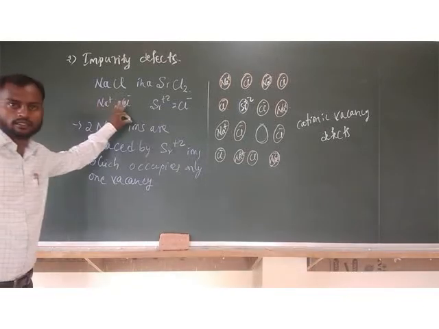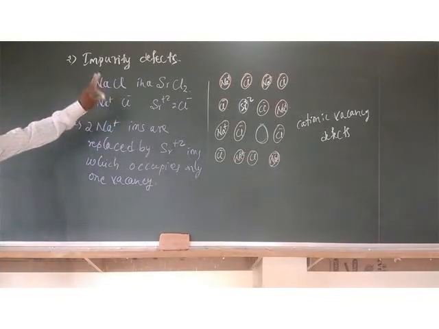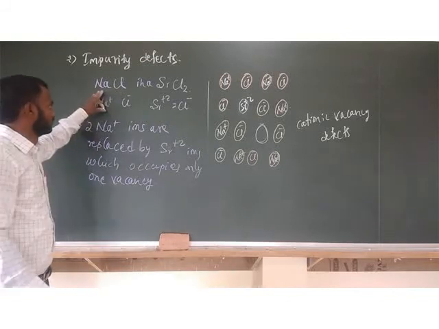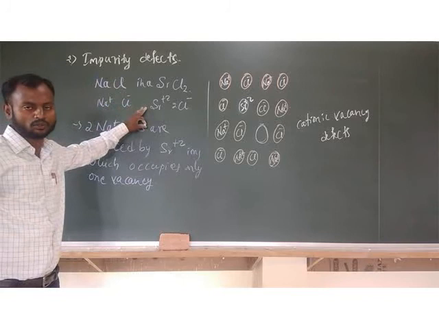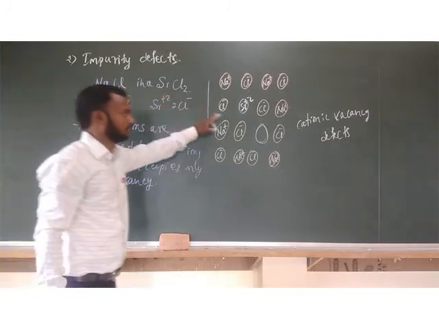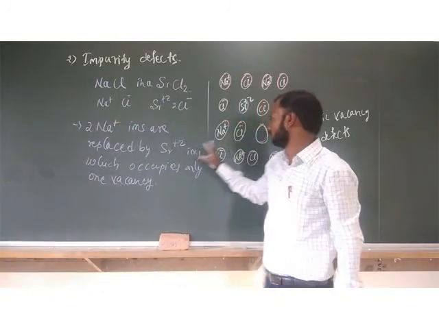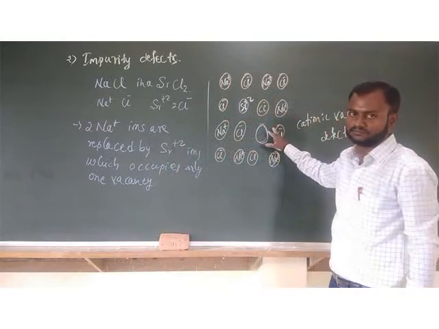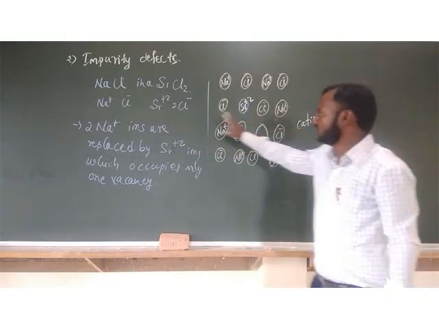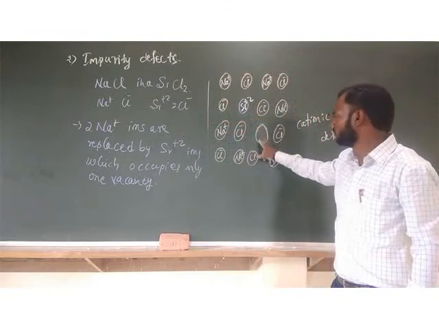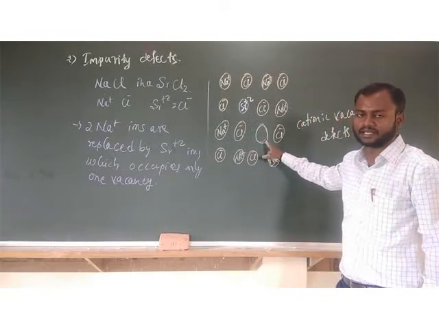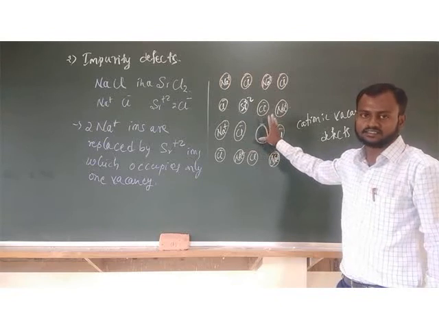Clear, my dear students? Impurity defects: let us consider NaCl in presence of strontium chloride. Two Na+ ions, meaning cations, are replaced, and the strontium 2+ ion occupies only one vacancy. The remaining one vacancy is left in the crystal lattice.